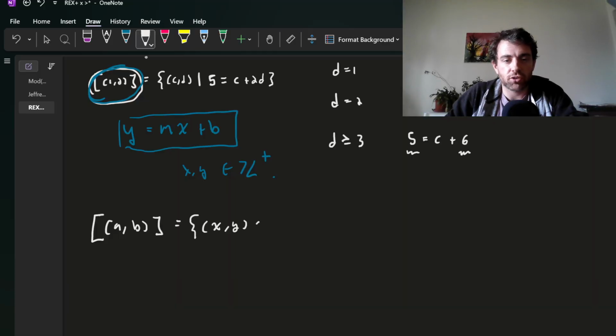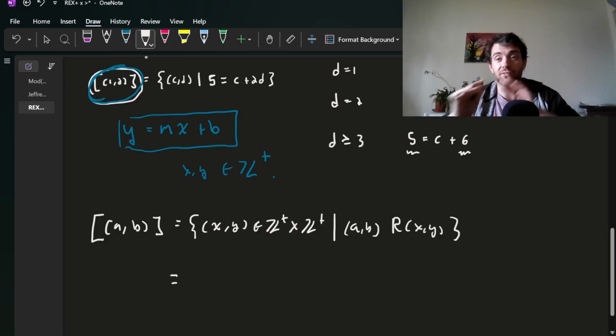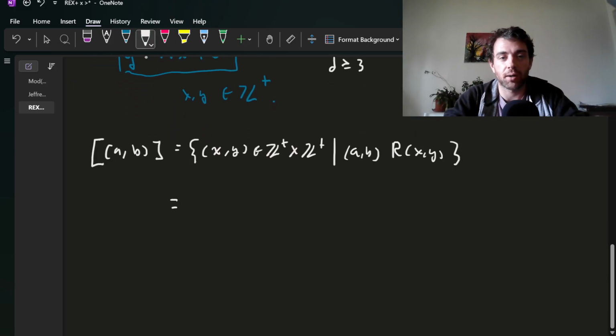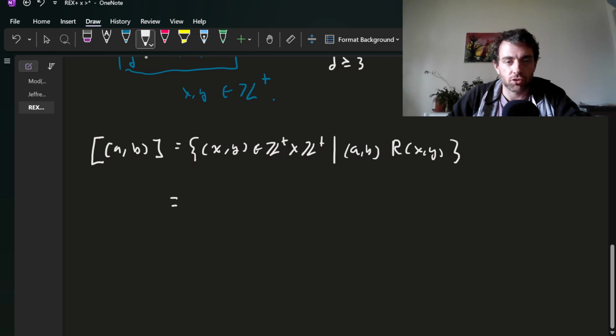So it's going to be the set of all pairs in Z plus cross Z plus, such that (A, B) is related to (x, y). So again, we haven't even come close to starting the formal proof or argument yet, but we will shortly. So just hang on. We're still in exploration mode.